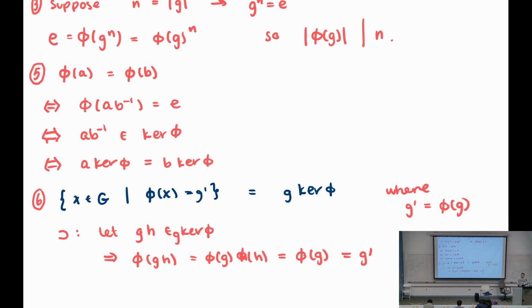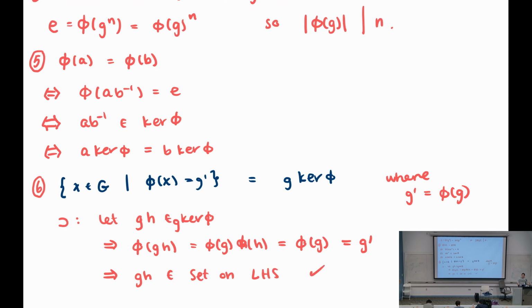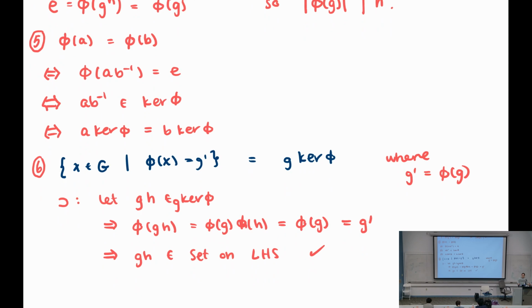So that string of equalities tells me that gh is something that is mapped to g prime, so it's an element of the set on the left-hand side, which was what we needed to show for that containment. Is that clear? Yeah. h is in the kernel, so this is the identity. Other questions?